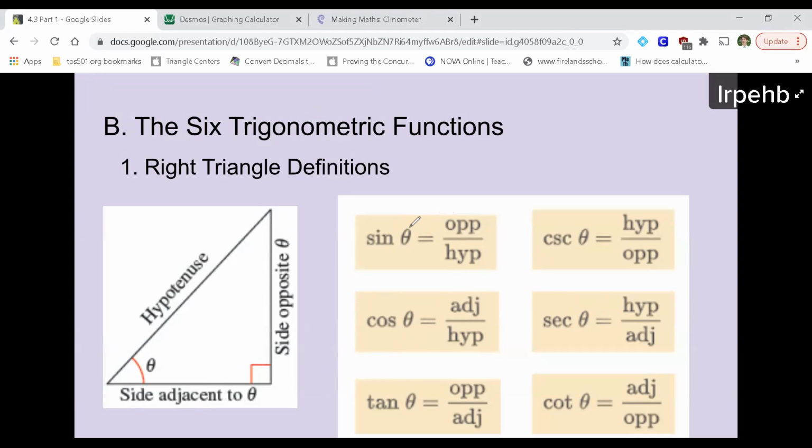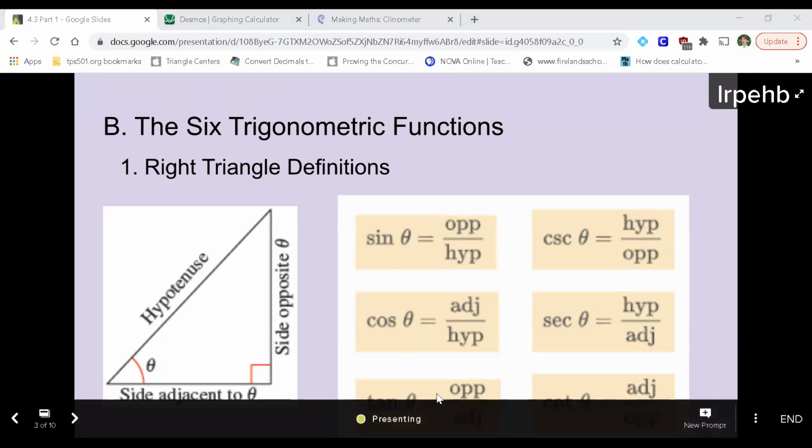The sine is opposite over hypotenuse, SOH CAH TOA. And the reciprocal functions are just the flipped fractions for each of those. So cosecant is the reciprocal of sine, so it's hypotenuse over opposite instead. We're going to mainly use these to solve the next few problems we have.